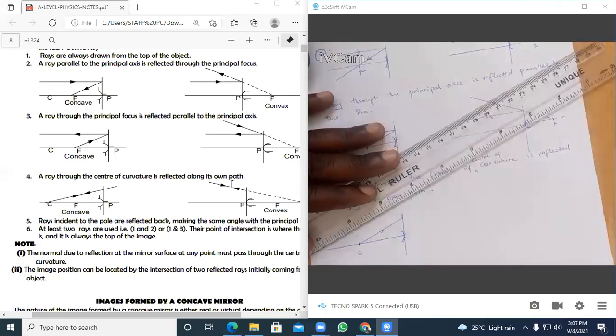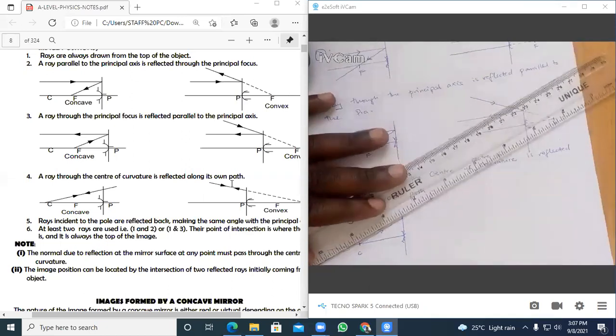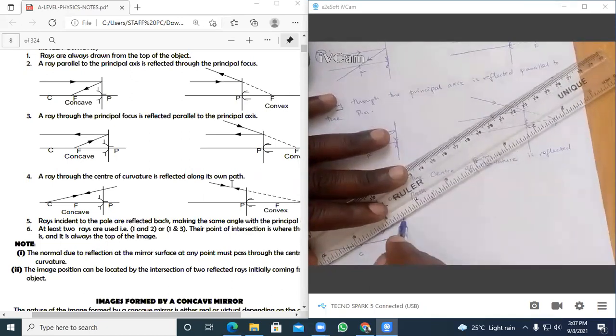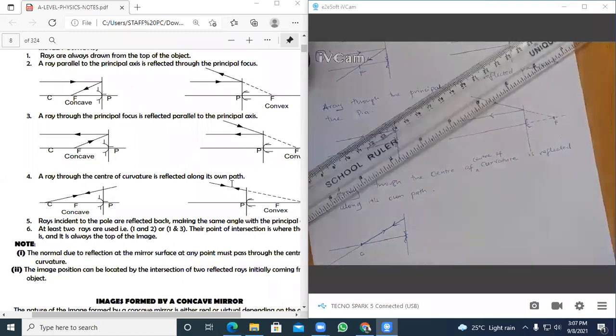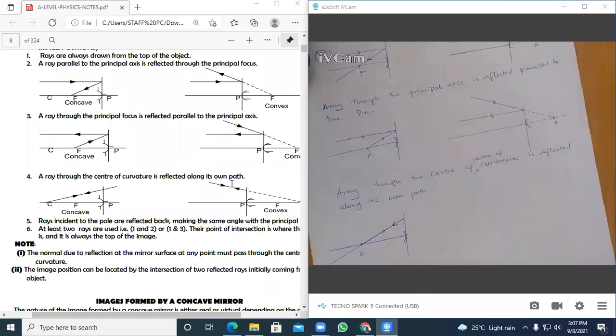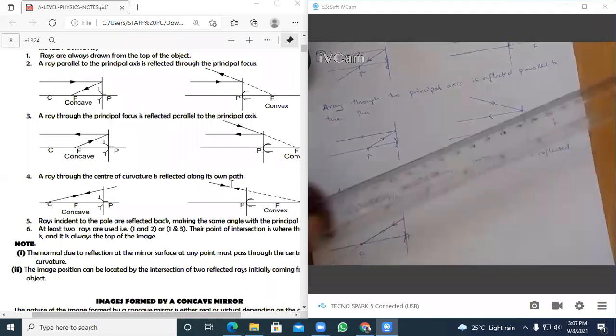After reflection, this ray is reflected back through the same path, so it goes back through the same path like that. That's what we are talking about. You should know that is the pole. So that is for the concave mirror.